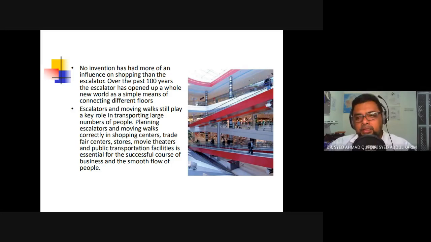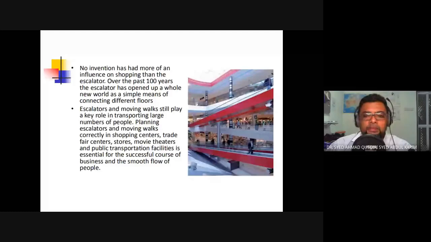This will be a disadvantage for the sellers located at the higher levels. By installing escalators, we are providing easy access for customers to the stores which are located at the higher levels.